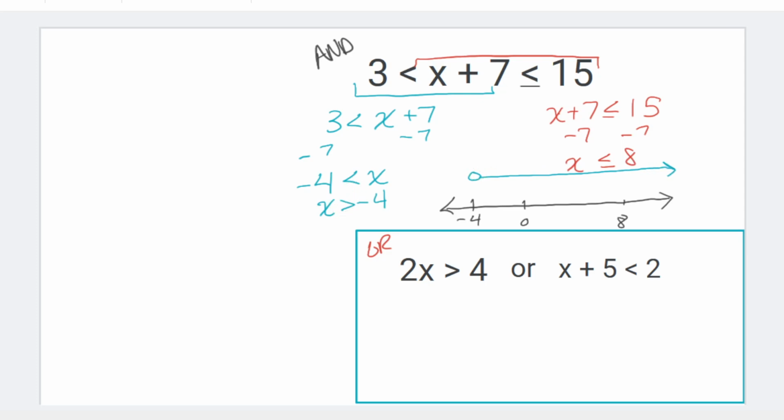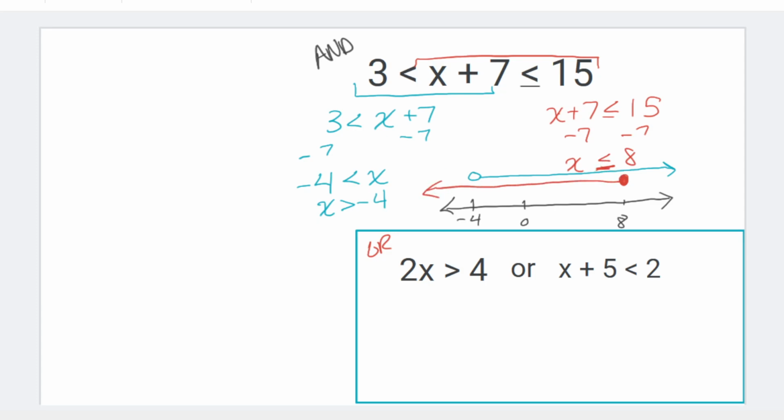And then it's shaded to the right because these are where all the numbers are greater than -4. For x is less than or equal to 8, I get that shaded endpoint because it has the equal to bar. And less than 8 is shaded that way to the left.